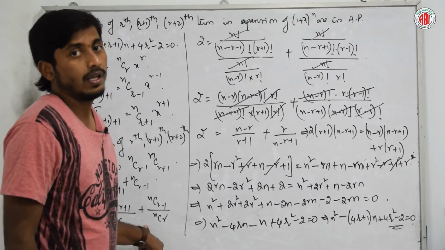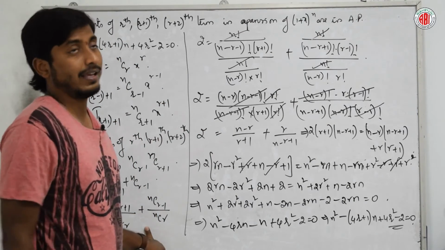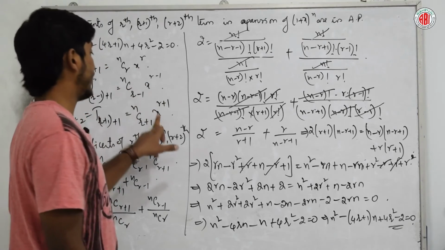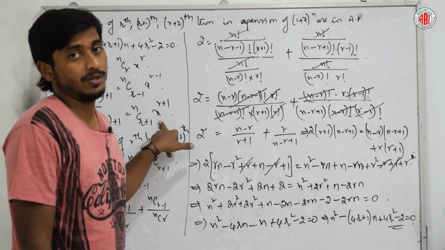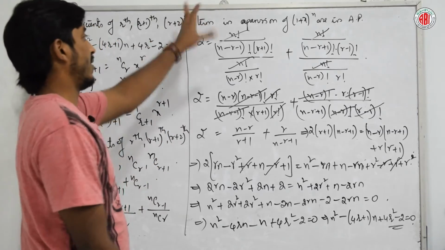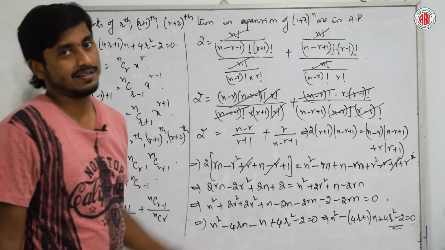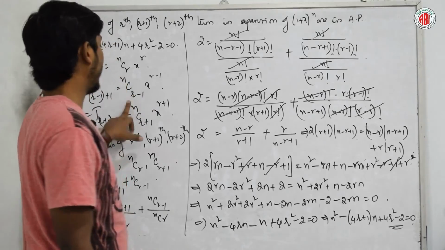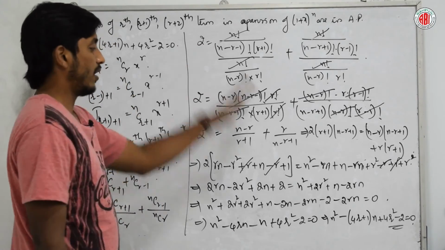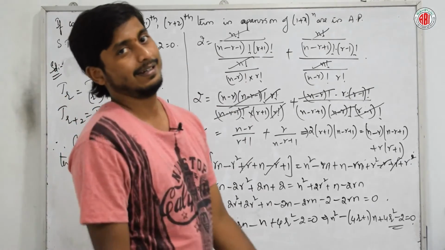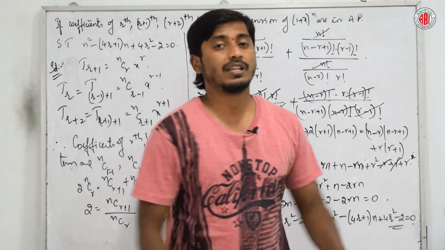Clear? One more easy thing here is, you need not write the x term, whether it is x power r or x power n minus r, it doesn't matter. You have to simplify the coefficients only, so that we will directly get the answer. Is it right? Shall we move to the next problem?